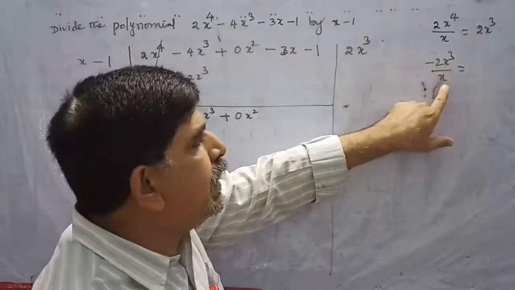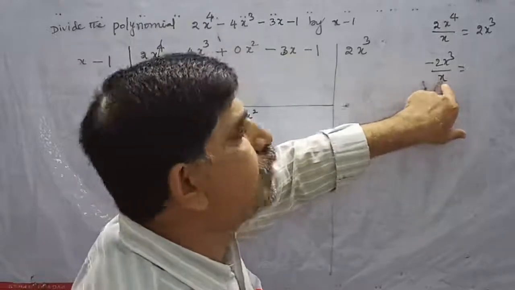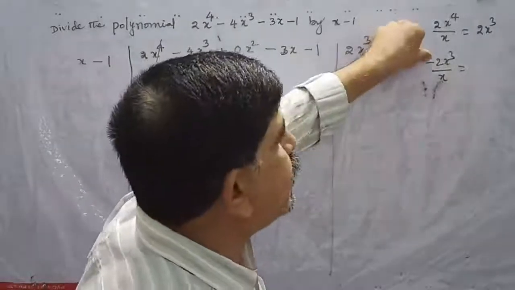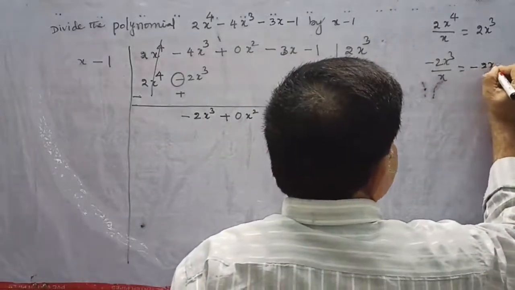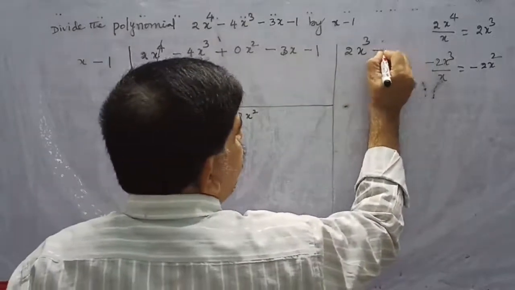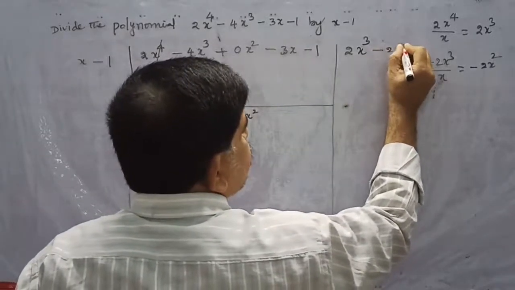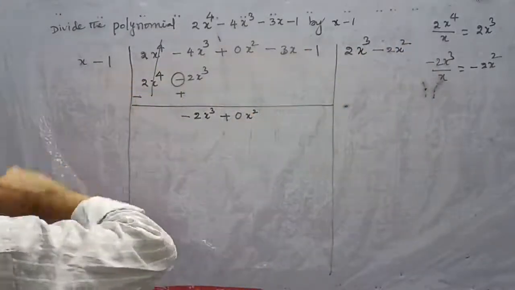Denominator, 1 x term. Remaining terms: 2 x terms. So that is minus 2x square. You write that minus 2x square here. Now multiply this one with the divisor.